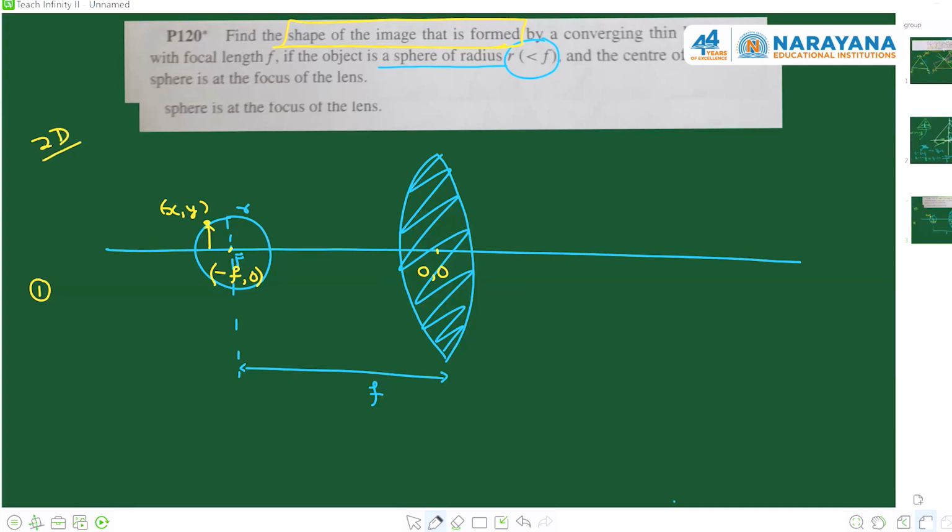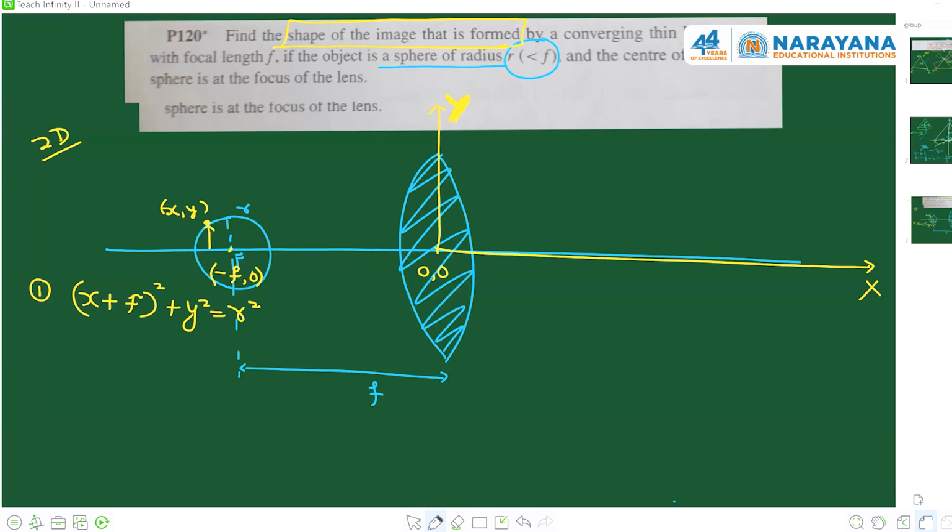So that becomes x plus f the whole square plus y square equal to r square. We are considering all the x, y on the periphery of this object. Remember, as far as your sign convention is concerned, x, y takes care of that. So x is obviously negative here. So treat this as y only. Simple. No need to change your system.